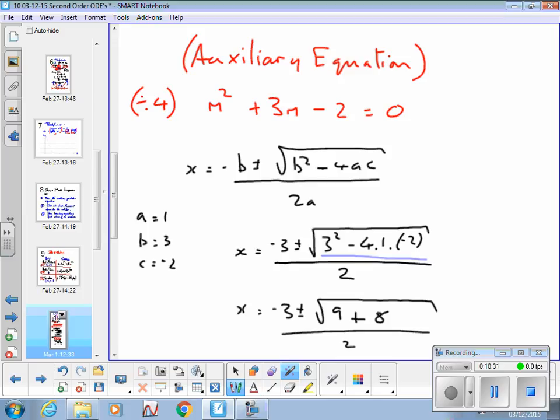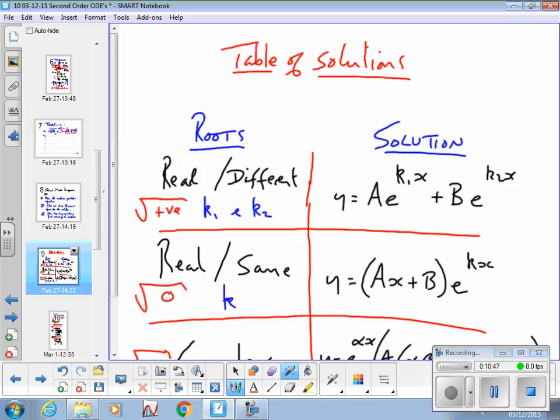Do you remember when we were thinking about imaginary numbers, your answer was complex if this turned out to be negative, and you had to introduce the imaginary number j. So if this is positive, which it is in this case, then we're after the case where we've got two real and different values here, k1 and k2. So we're using this one. So when you solve your quadratic and this is positive, you know you're looking for this solution.